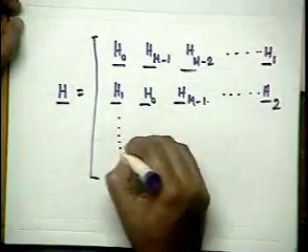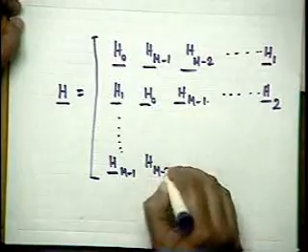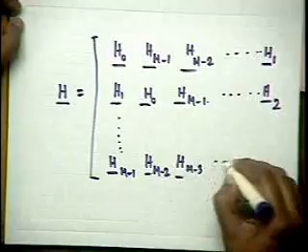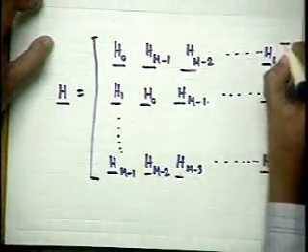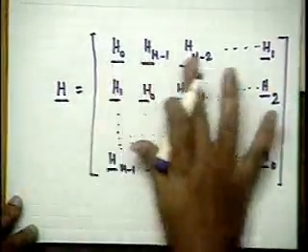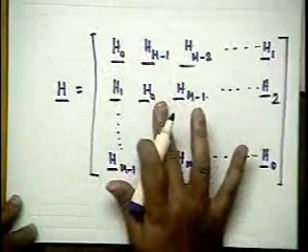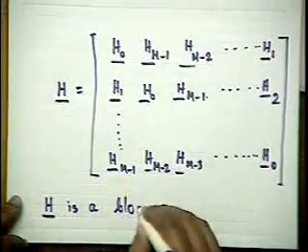And the last row is Hm minus 1, Hm minus 2, Hm minus 3, etc., up to H0. So it has become a block matrix, and again you see that the indices of the elements of this block matrix have a circular shift. So matrix H now is a block circulant matrix.